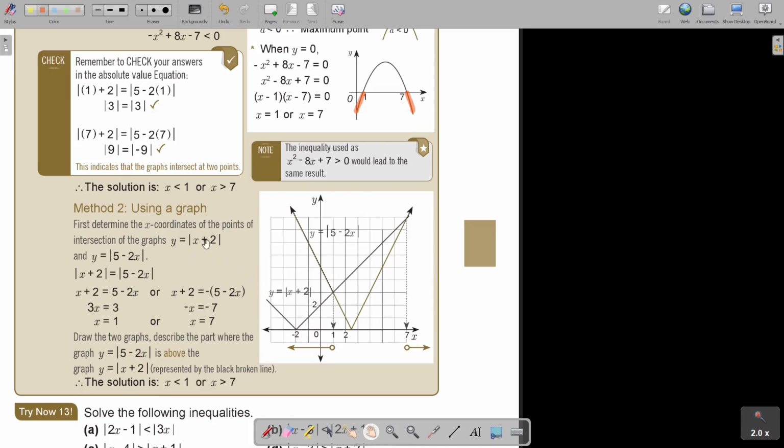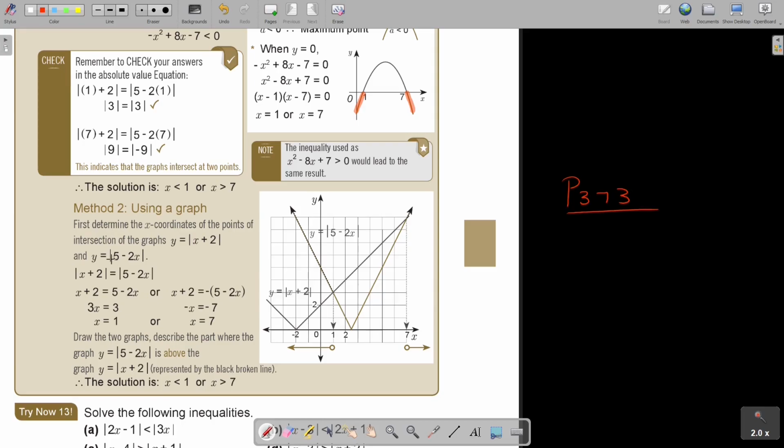To get the turning point, I put this equal to 0. I would actually love to tell you where in the textbook you can sketch it. If you want to revise how to sketch it, you can look in the textbook on page 373. I'm just going to write it here. Page 373 is how to sketch it.